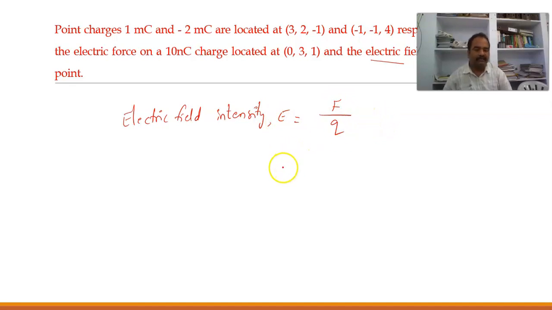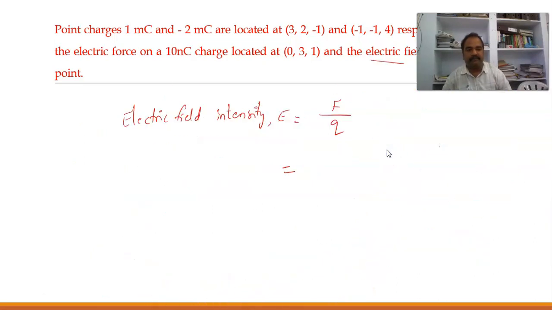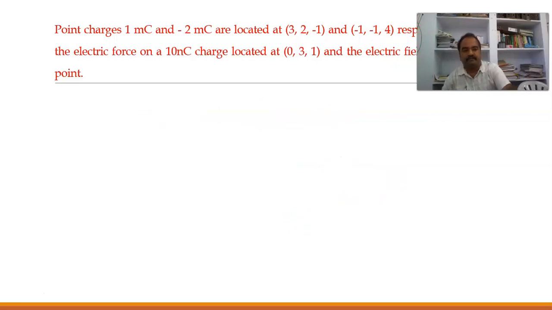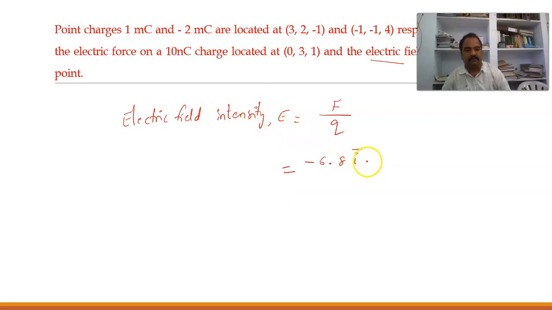The net force I have already obtained in the previous slide, somewhere around minus 6.867 i bar minus 3.7 j plus 7.5 k, into 10 to the power of minus 3 newtons, right?